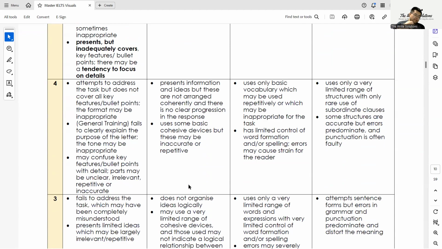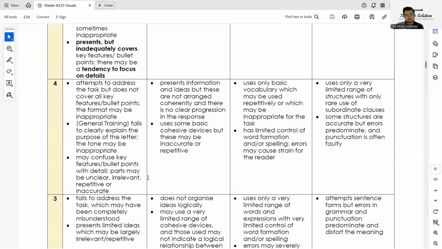Band 4 and lower is definitely going to be a fail. Not arranged in any manner. Uses basic devices, but they are inaccurate or repetitive. Google the linking words, the cohesive devices. There's a list. Use them. Use different linking words; don't keep repeating them.